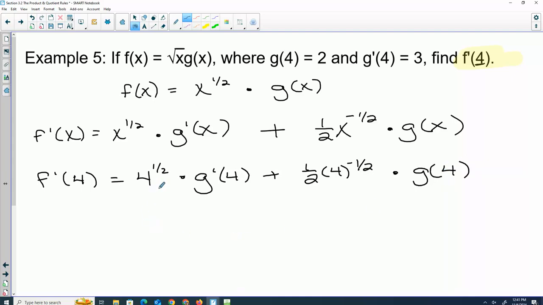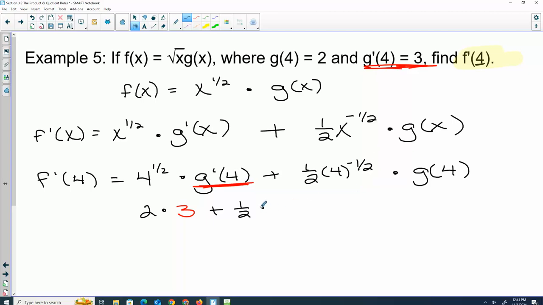Okay, 4 to the 1/2, what does that mean? 2. It's the square root of 4, which is 2. What is g prime of 4? 3. I gave us that in the problem. Okay, plus 1/2 times 4 to the negative 1/2.